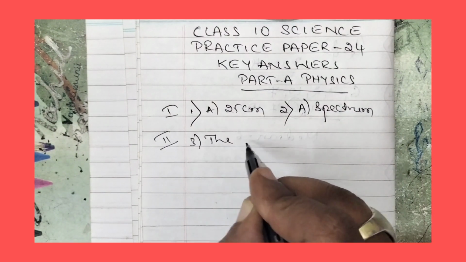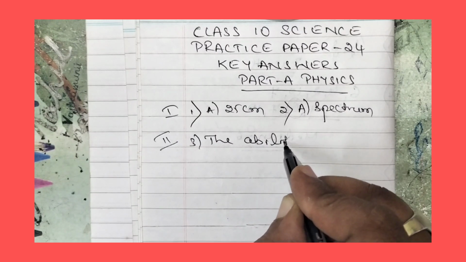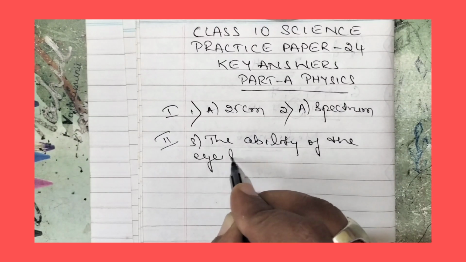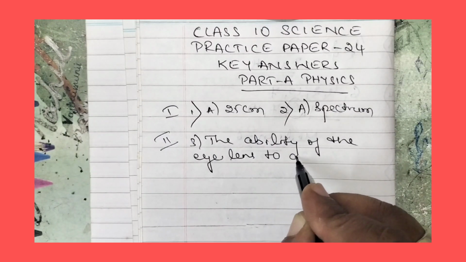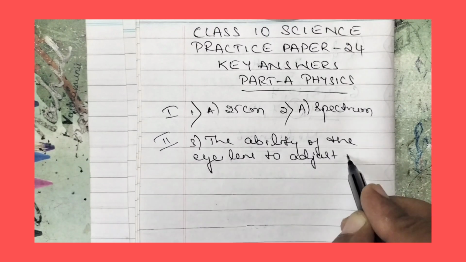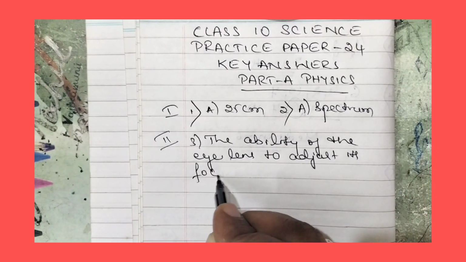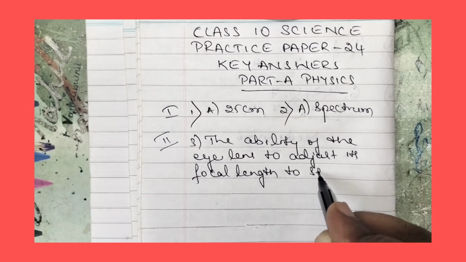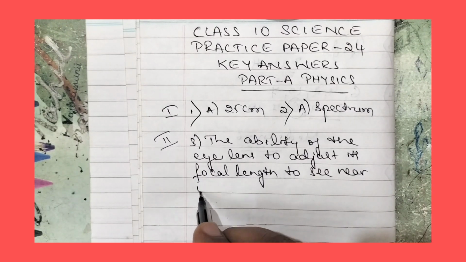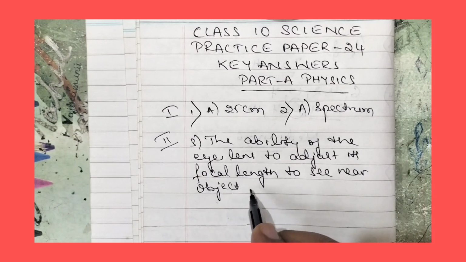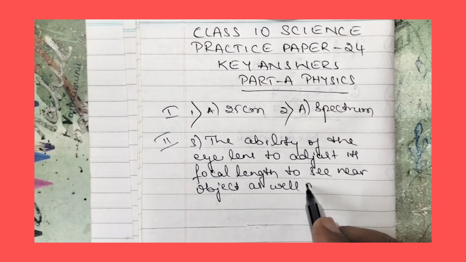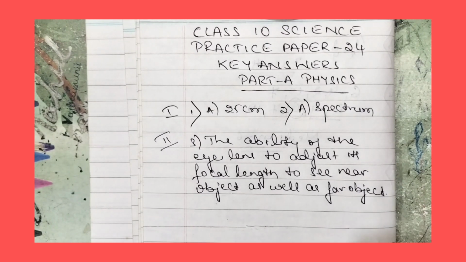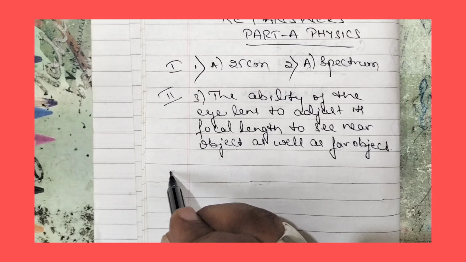The ability of the eye lens to adjust its focal length to see near objects as well as far objects is called power of accommodation.